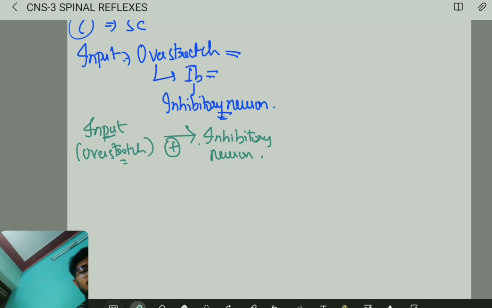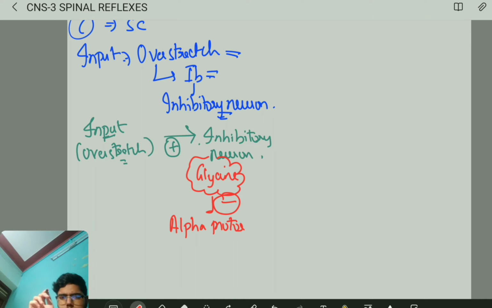This inhibitory neuron has got something that is glycine. This glycine is going to inhibit something called alpha motor neuron. What we know is, if you activate alpha motor neuron, it causes contraction.